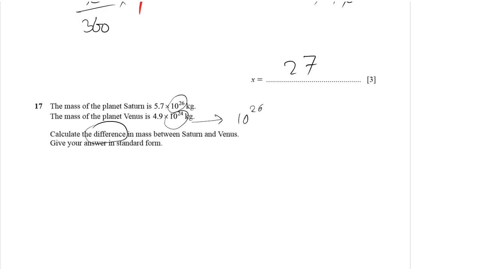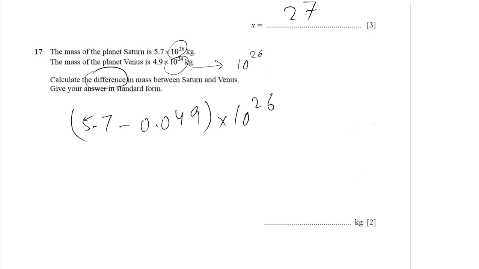So difference, so 5.7 minus 0.049 and 10 power 26 is common. So now you can subtract them. For the subtraction of decimal numbers, it is necessary that the decimal should be right under the decimal.